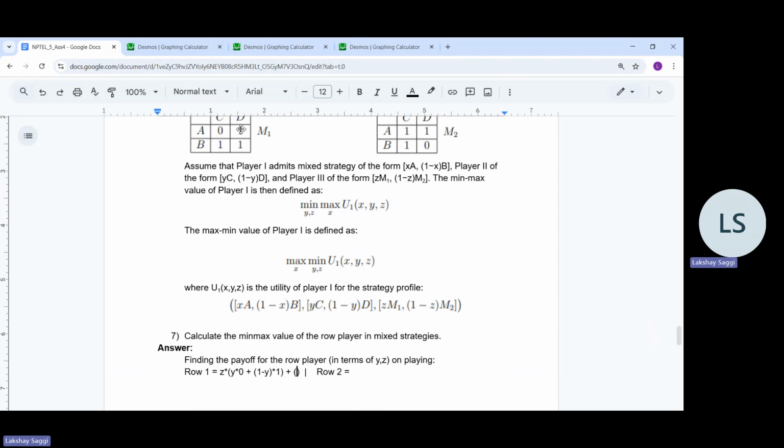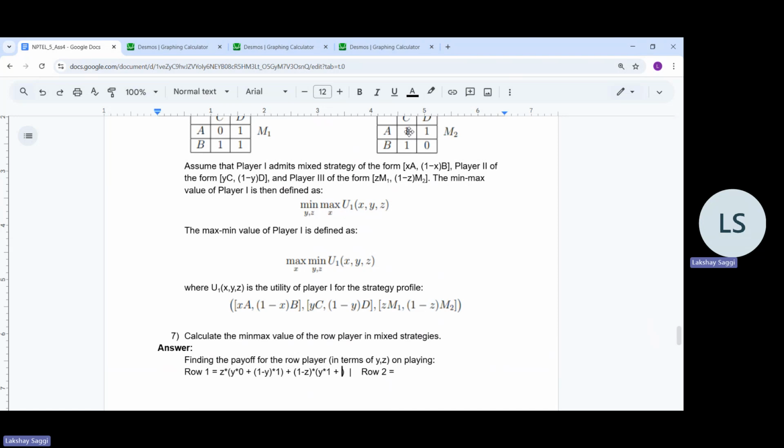And similarly, with probability 1 minus z, the matrix M2 is chosen. And now this column is chosen with probability y and the payoff is 1.